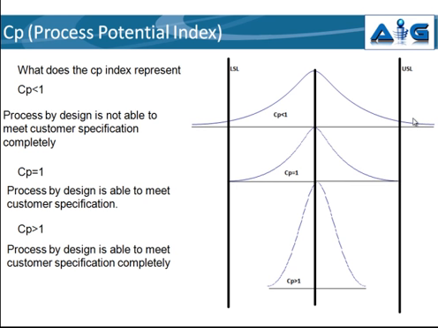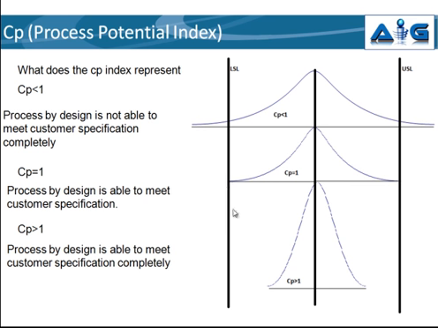Now let's talk about a different situation wherein CP of a process is equal to 1. Now what I do is I work on the variation of my process. I try to reduce variation in such a way that my normal variation becomes equal to the allowable variation. See here, the second picture, the second process. Here, the normal variation of my process is exactly equal to the allowable variation.